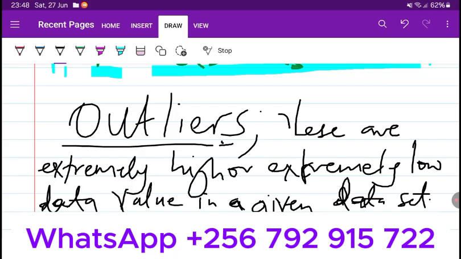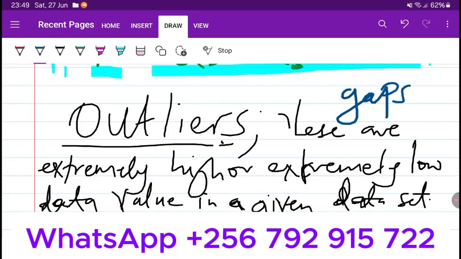Now, a data set that has one or two or more outliers is going to cause what we call gaps in the distribution.